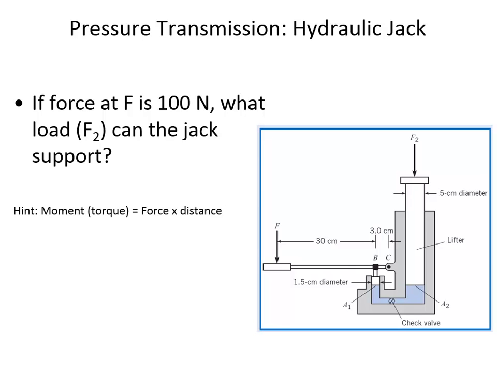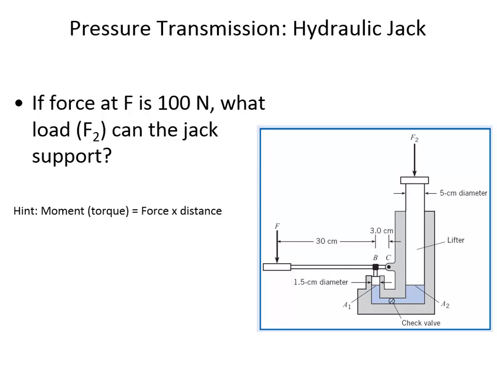So where did that pressure come from? Remember that this is a force pushing down on the cylinder, and that force caused a pressure. It's like a force over an area pressurized the liquid, and now the liquid is pushing up on this second cylinder and causing a force.